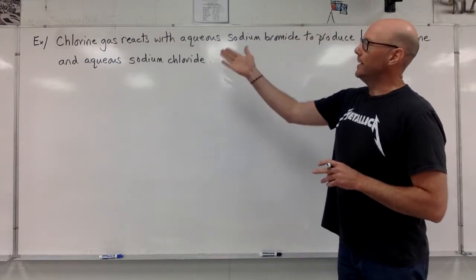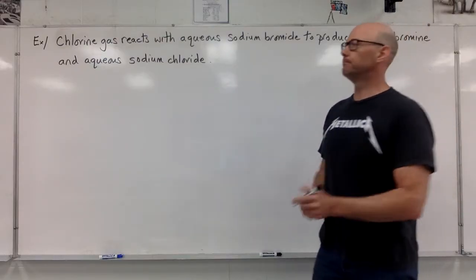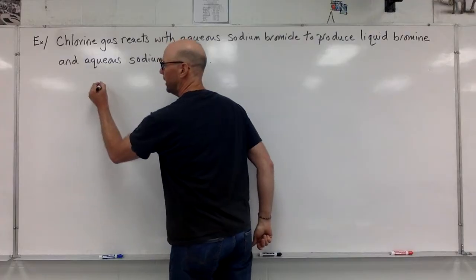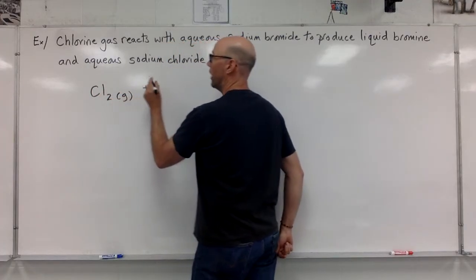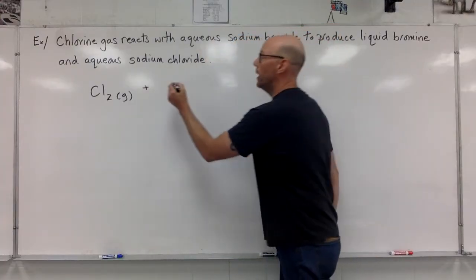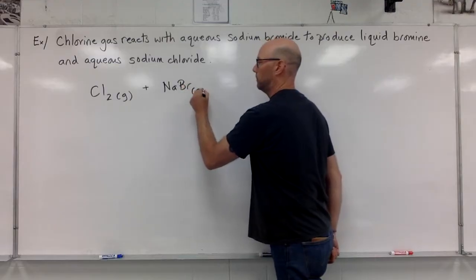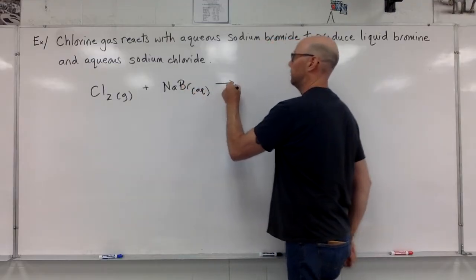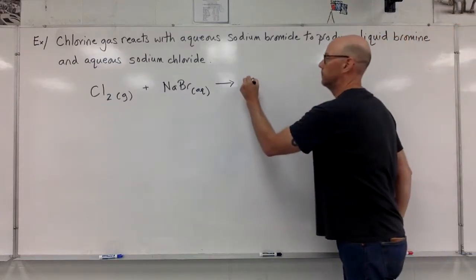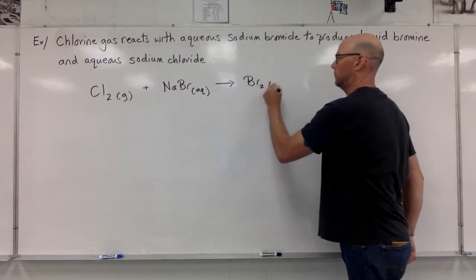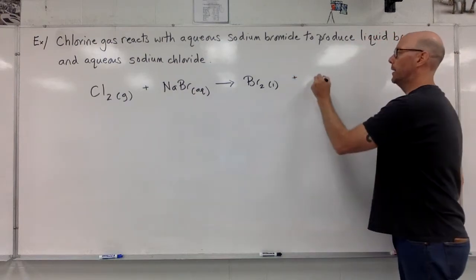We have chlorine gas reacting with aqueous sodium bromide. Chlorine gas, Cl2 gas, reacting with aqueous sodium bromide, to produce liquid bromine and aqueous sodium chloride.